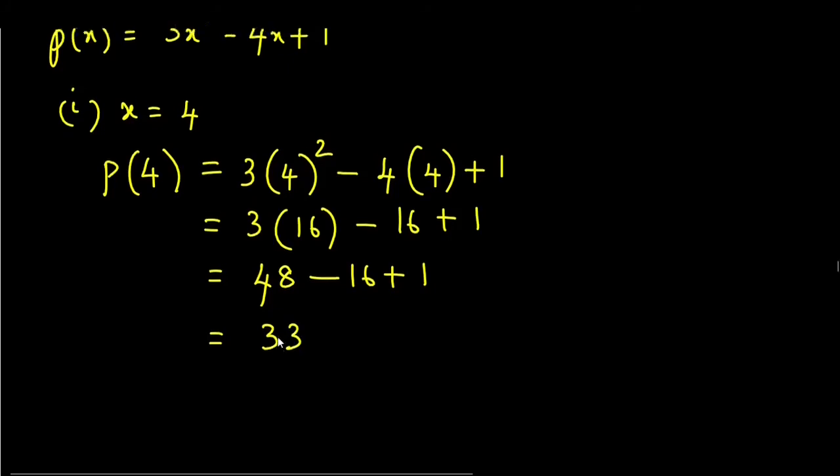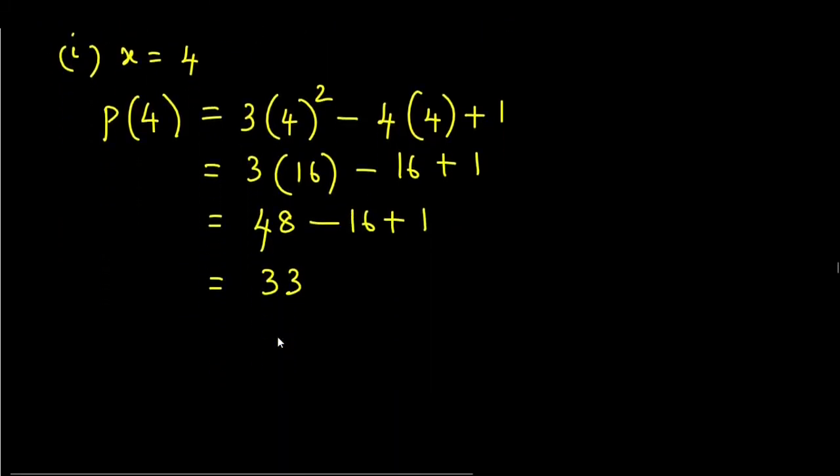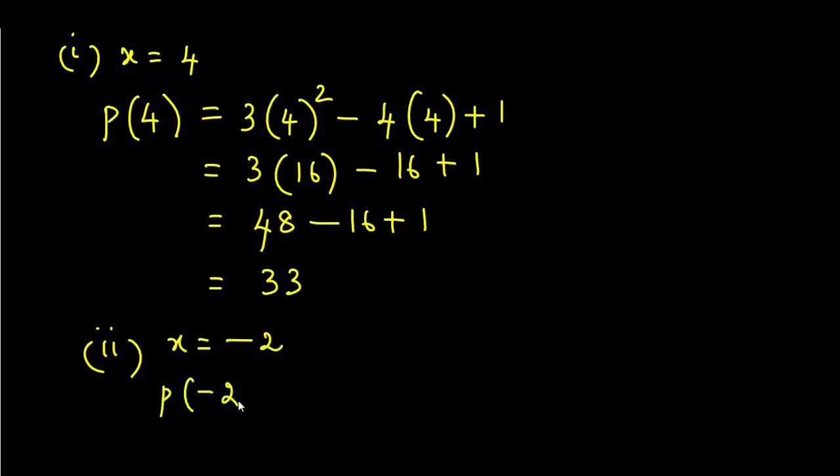Now let us take the second one, x equal to minus 2. Let us write P of minus 2. P of minus 2 is equal to 3 into minus 2 whole square minus 4 into minus 2 plus 1.